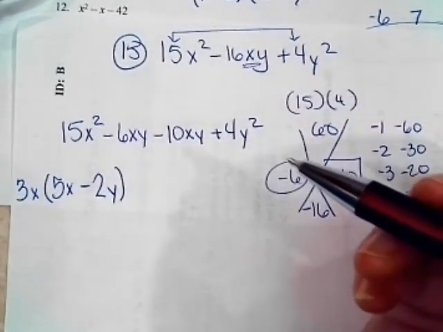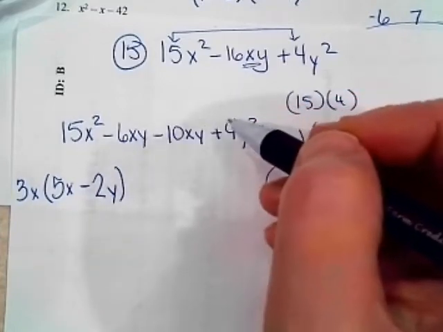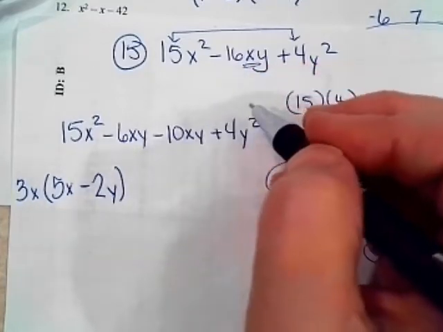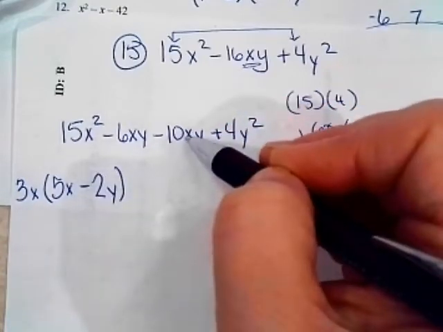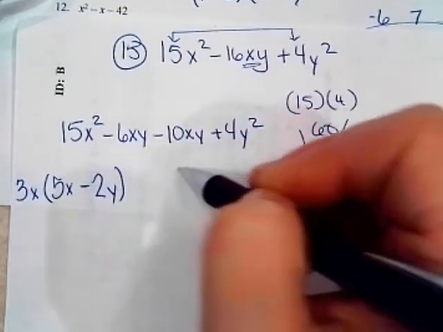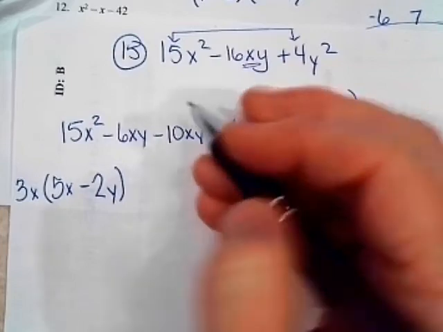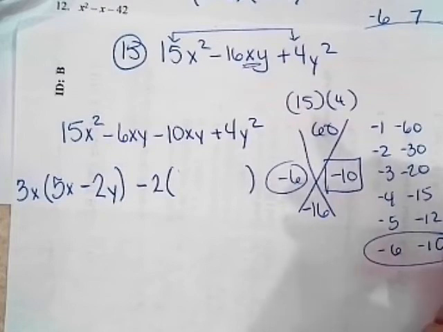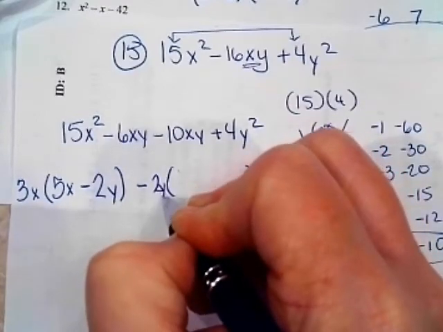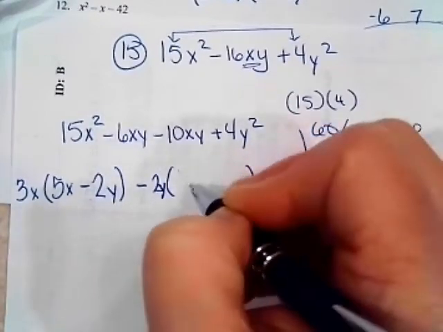I see that they both have even coefficients, so they're going to have a 2. And I want it to turn out like this. So I want the 10, I don't want it to be negative. I want something in the parentheses to be positive. So I'm going to factor out a negative 2. And it's going to have a y attached. They both have a y, negative 2y.